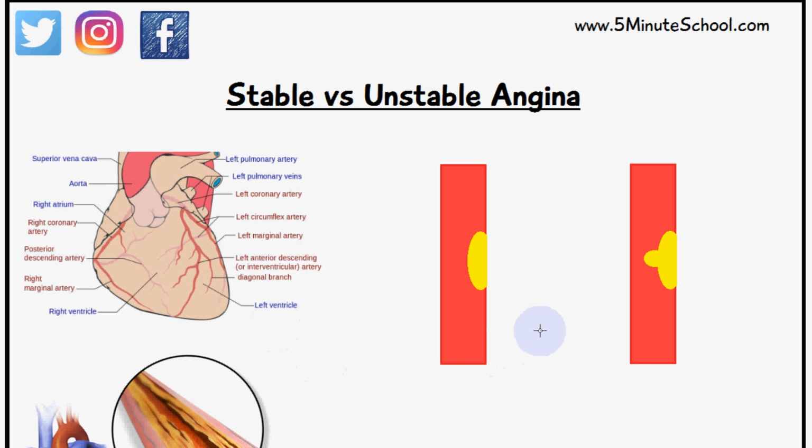So I've just drawn some vessels here to help you understand the concepts behind stable and unstable angina. These are the coronary arteries. In cases of stable angina, the patient is going to experience this discomfort and pain, especially when they exercise.